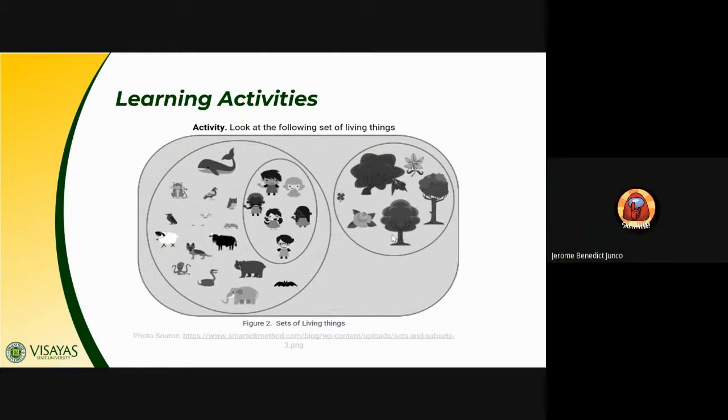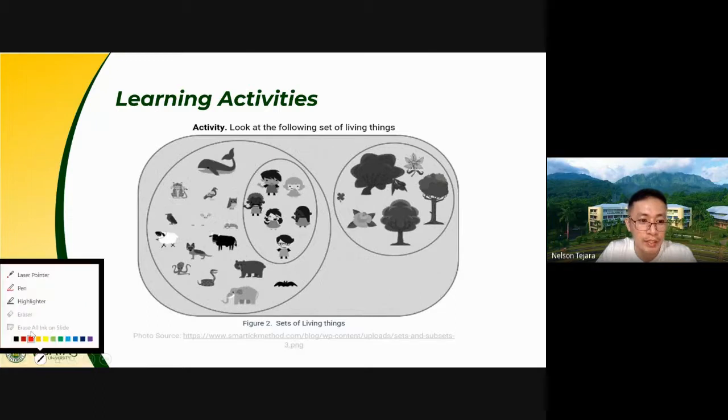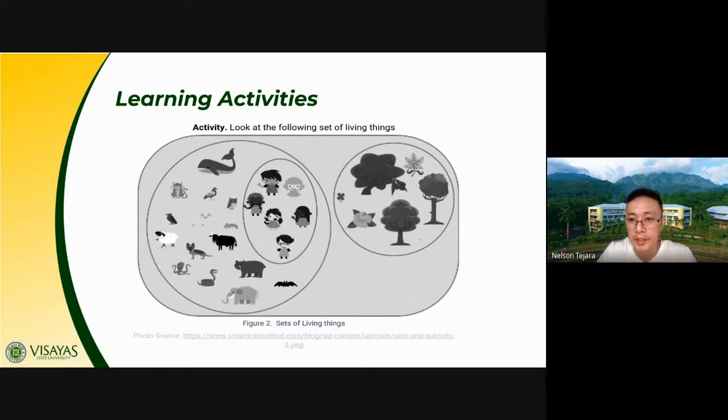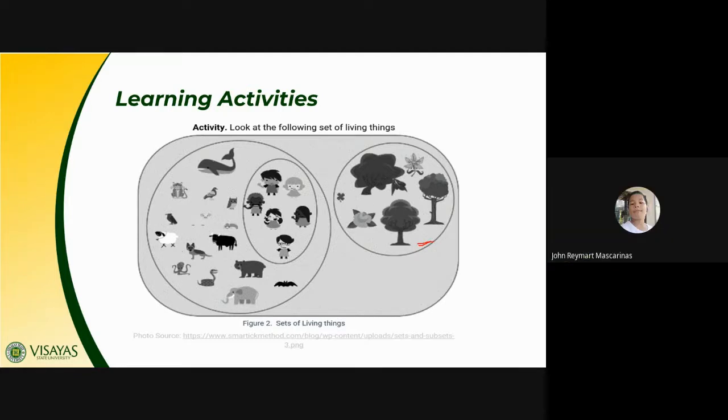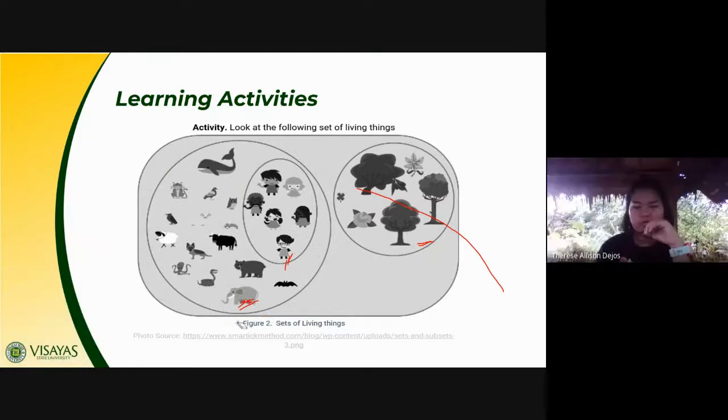Okay, so we have the set of this one. These are the sets of plants, the sets of human beings, the sets of animals, and then we also have the set of all living things. So how many sets do we have? 4.